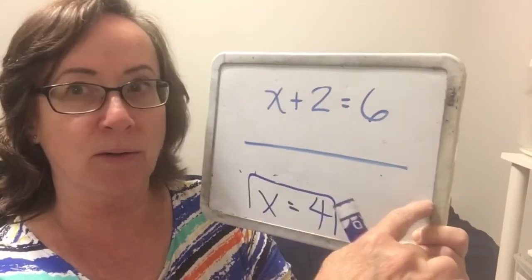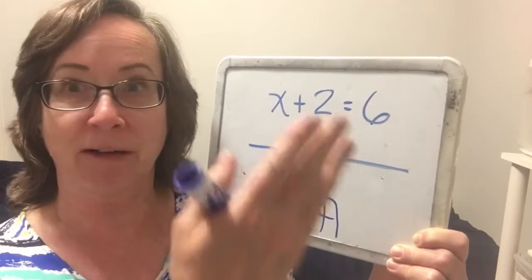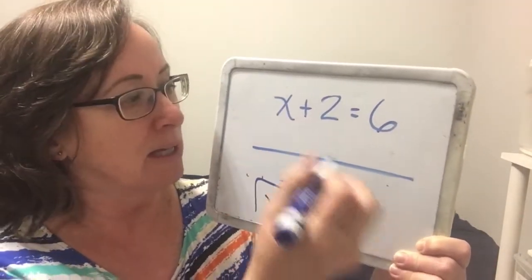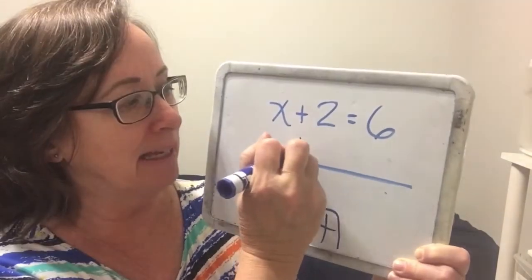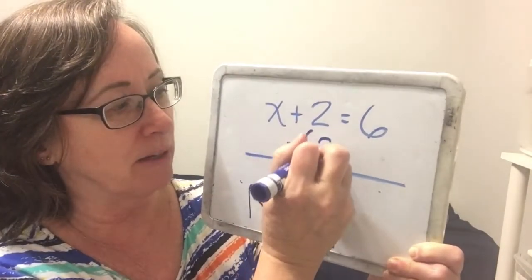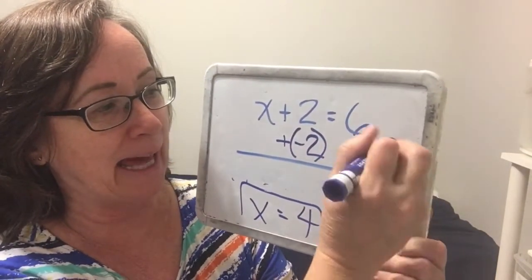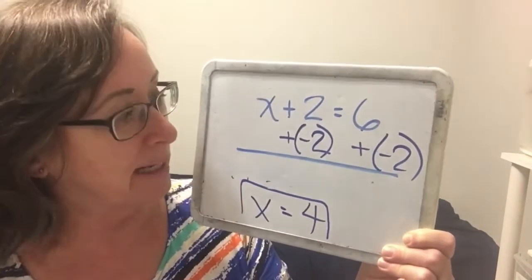And we didn't do it horizontally like we just did, but we do it vertically. What if we said, okay, I need to get rid of the 2. So I'm going to add a negative 2, and I'm going to add over here the same thing that I added. I have to add the same thing to both sides.